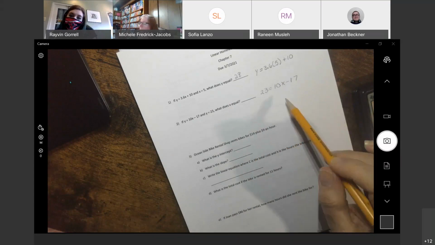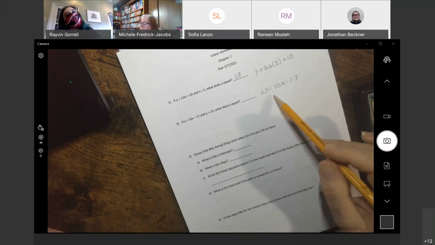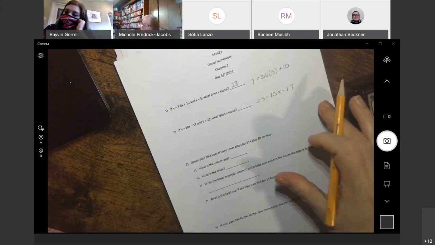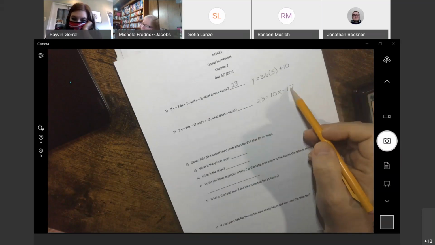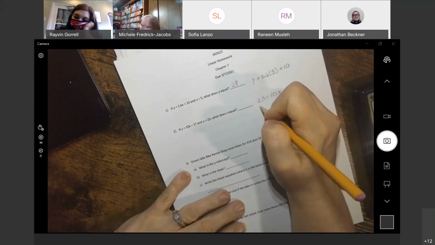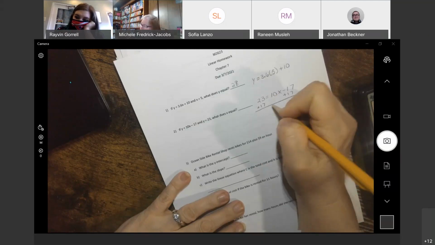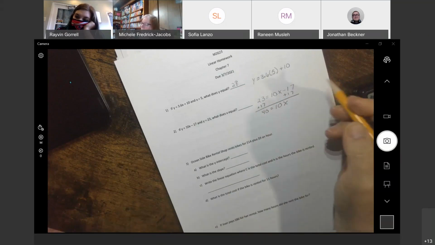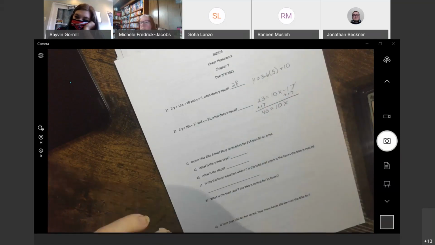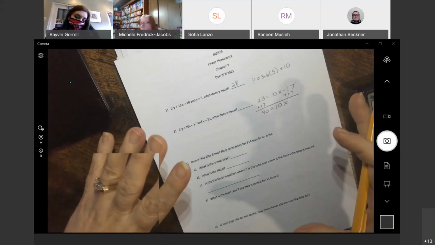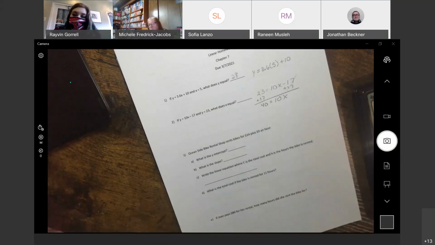Okay. So if we plug the 23 in, what's the first step to solve for x? We add 17. We want to get this term by itself, and there's two terms on this side. Since this is being subtracted, we add it. Any questions on that part?